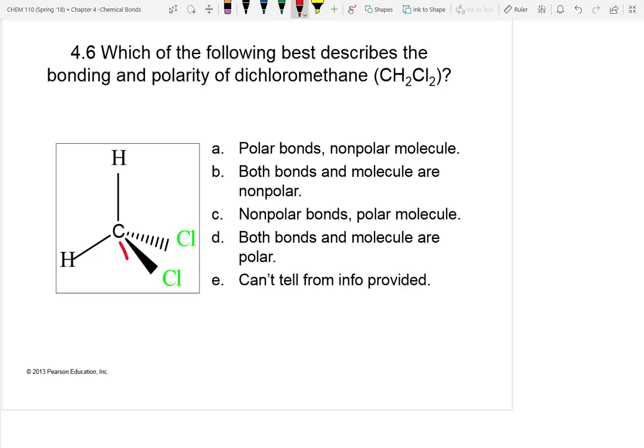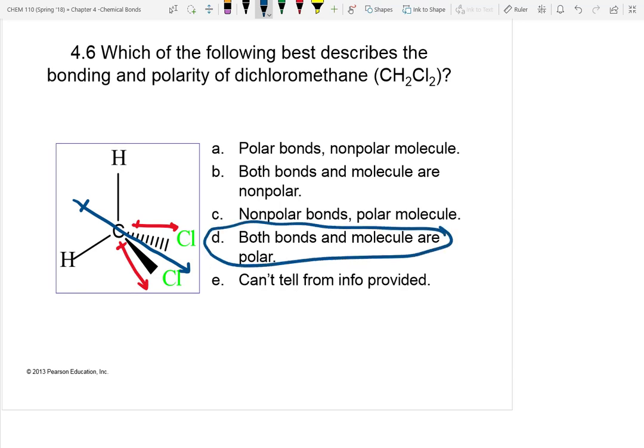So if chlorine's more electronegative, we're going to pull electron density towards each of the chlorines. The average pull is going to be in between, right? So that would be a net dipole going that way. So in this case, it looks like we've got polar bonds and a polar molecule. So I would say D would be the correct answer for this one. We've got individual polar bonds and a net imbalance of electron density.